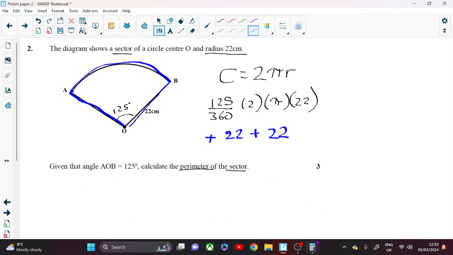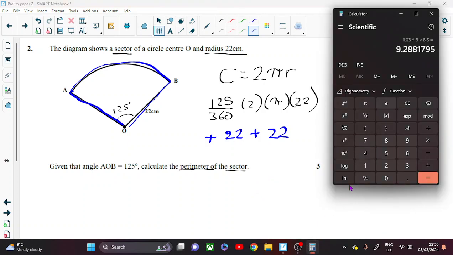Okay, so let's get our calculator out and have a go. We've got 125 divided by 360, and we're going to times that by 2, times it by 22, and times it by pi. Where's pi hiding? There's pi.